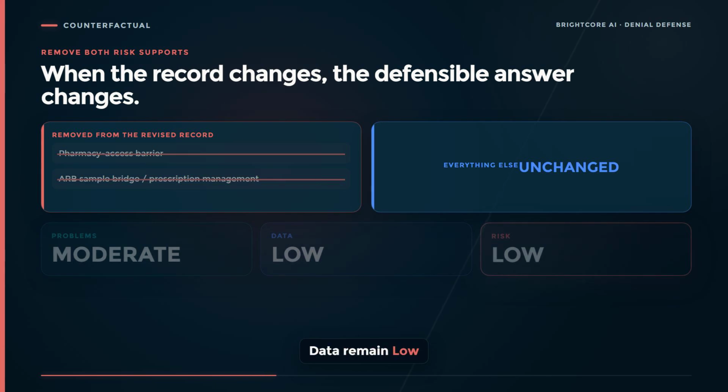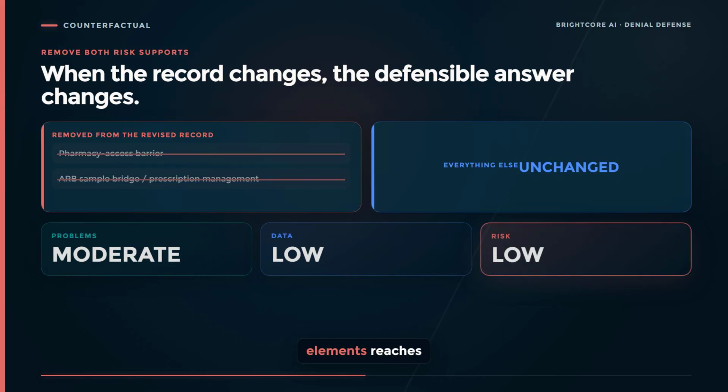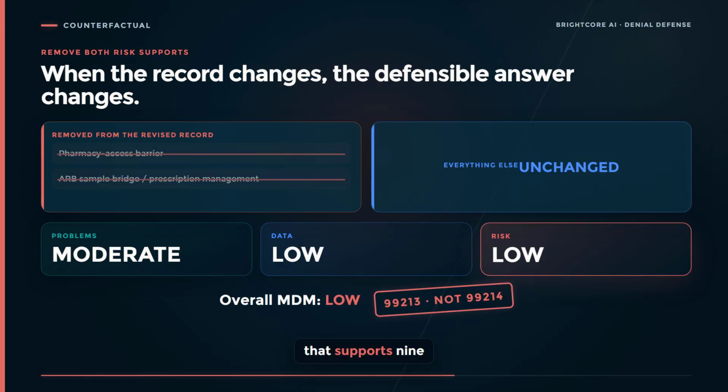Data remain low because 2 unique tests were ordered, but risk is now low. Only one of the 3 elements reaches moderate, so the overall MDM falls to low. For this established patient encounter, that supports 99213, not 99214. In the revised record, defending 99214 would be wrong.